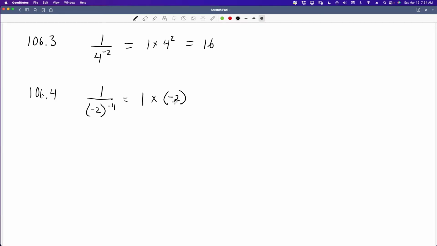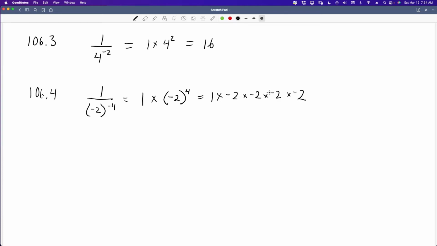The negative on the integer does not change, only the exponent changes to a positive. So we can answer this by saying negative 2 to the 4th power, which is going to be positive 16, because we know 1 times negative 2 times negative 2 times negative 2 times negative 2.